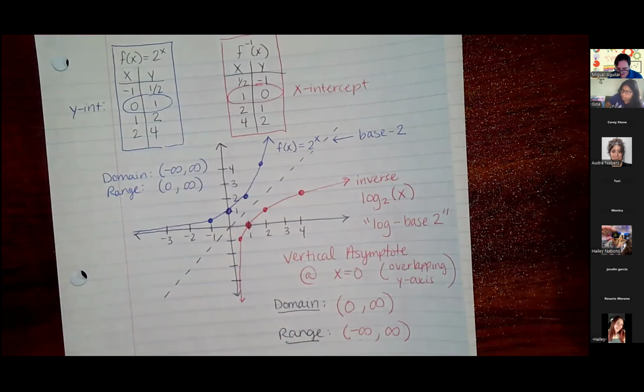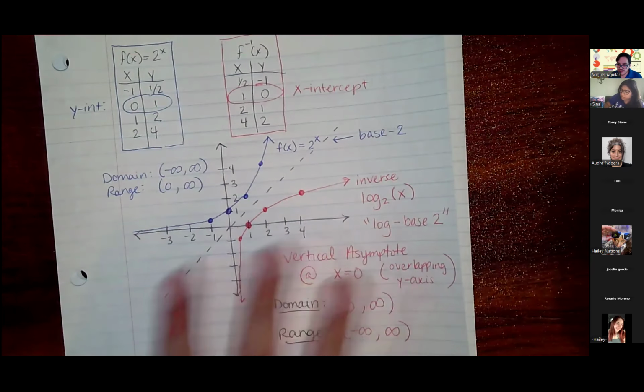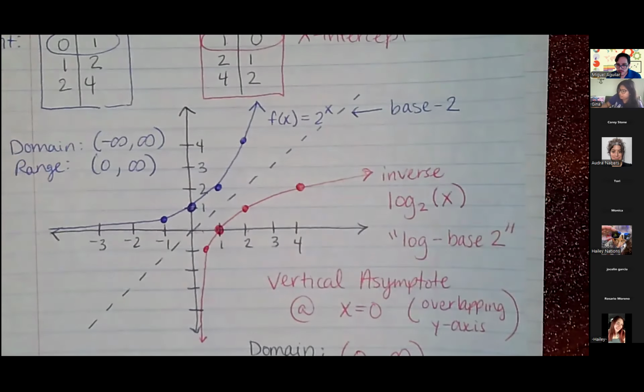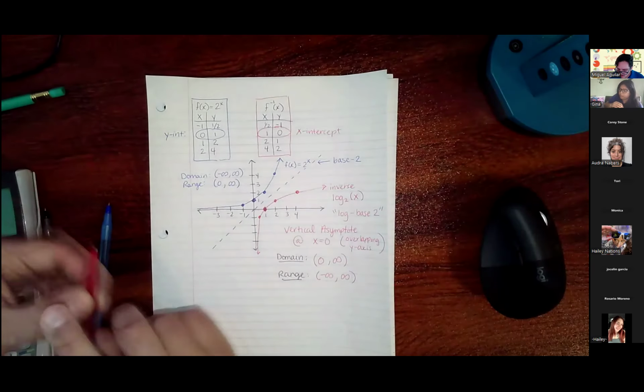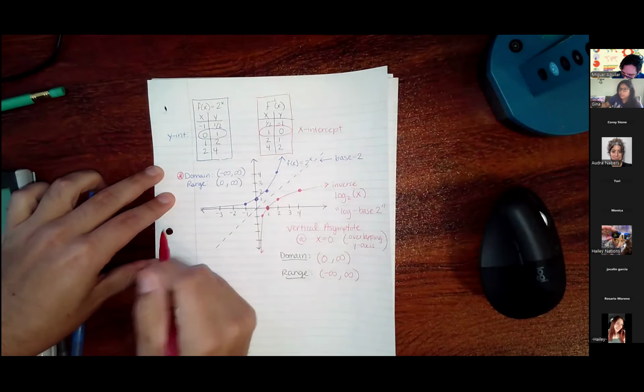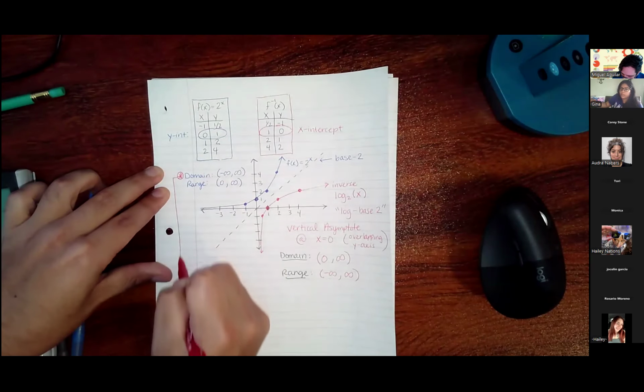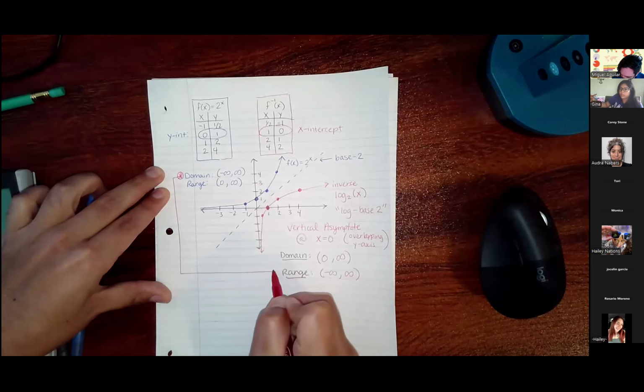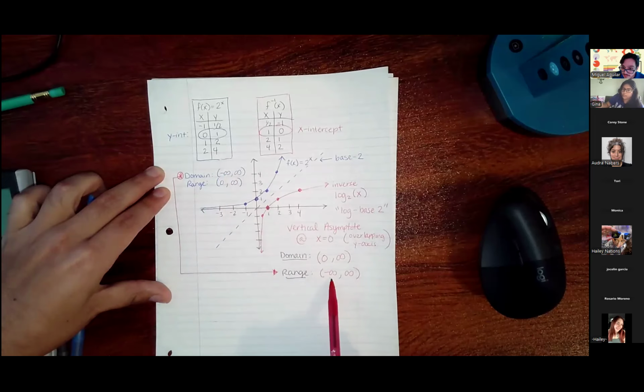So at the risk of sort of making this busier than it needs to be, remember that the domain of your original function becomes the range of the inverse because those are the same, right?